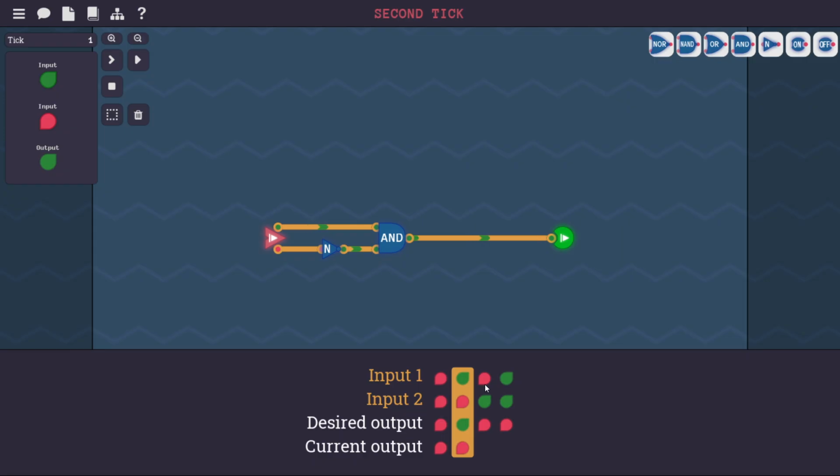And again, if the first input is off, and the second input is on, we're supposed to get an off, which is okay. And if both of them are on, we're supposed to still get an off. Okay, both of them are on, and yeah, we do get an on.